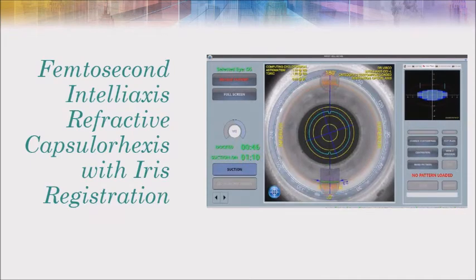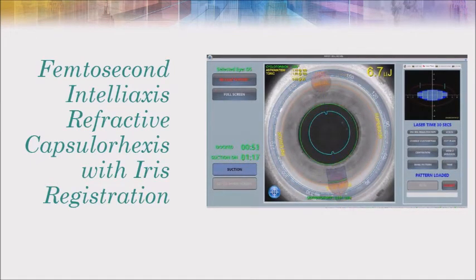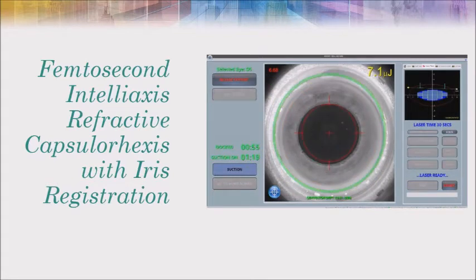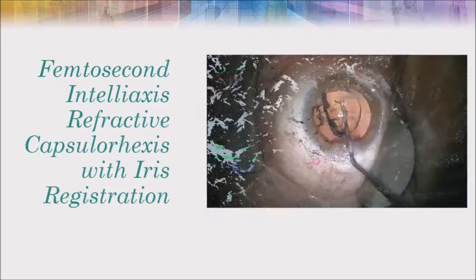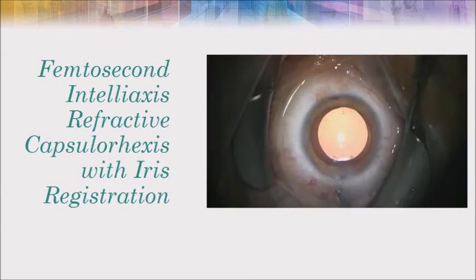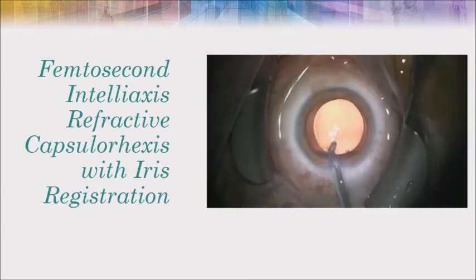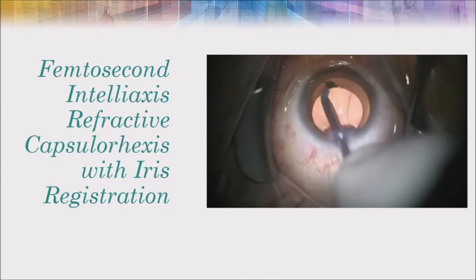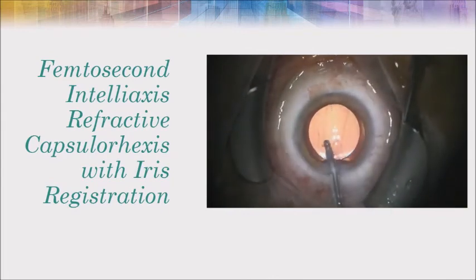So this is how I like to mark my axis. This is a refractive capsulorhexis. So you can see the funny looking capsulorhexis that this laser is going to make. There was 10 degrees of cyclotorsion in this patient, which you may have seen at the beginning of the video, where the whole system shifted to adjust for that. So the little nub in the capsulorhexis is where you put the hash marks for the IOL.